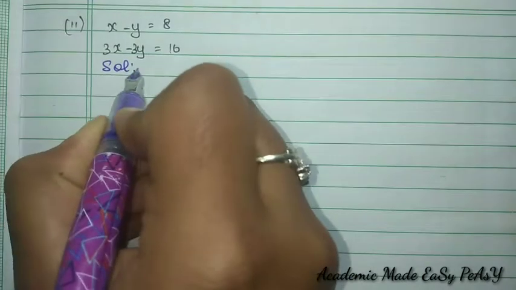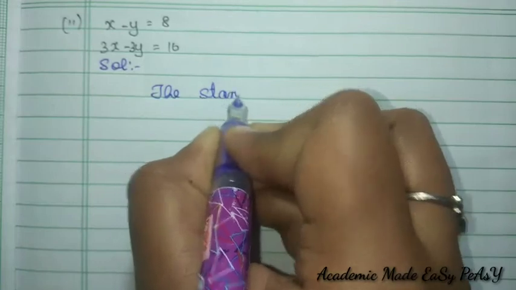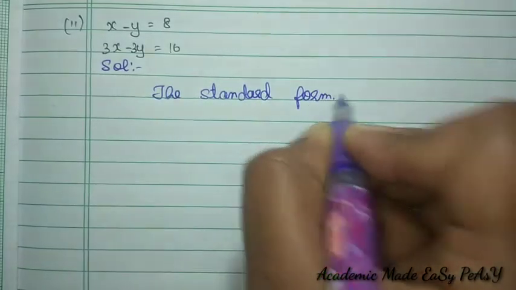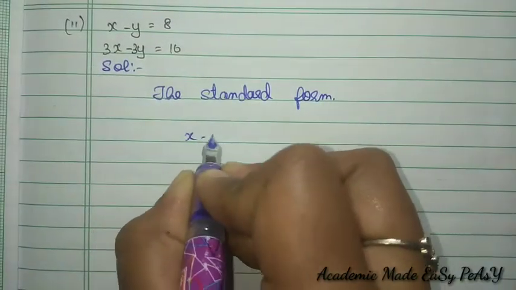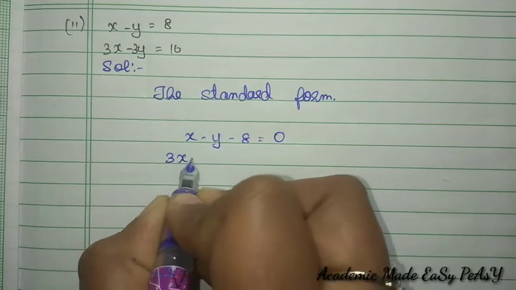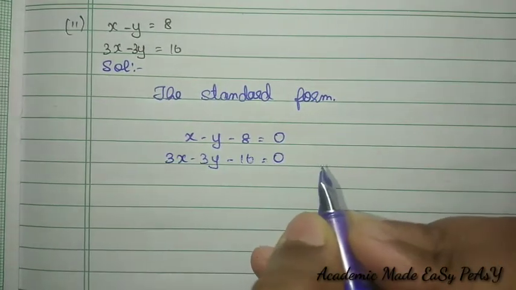Subdivision 2, two equations are given. First let's write them in the standard form: x minus y minus 8 is equal to 0 and 3x minus 3y minus 16 is equal to 0.